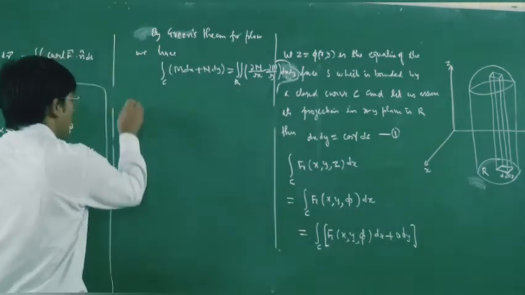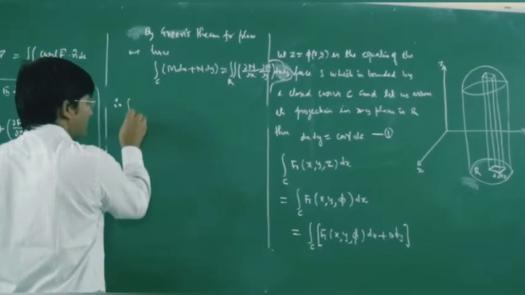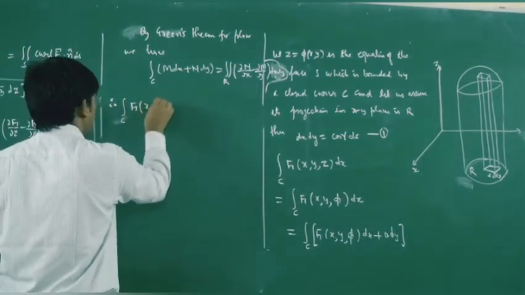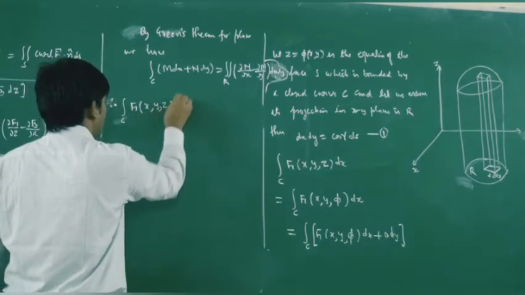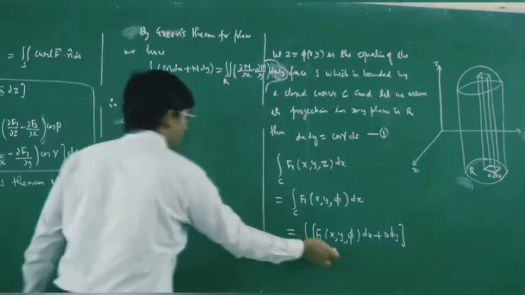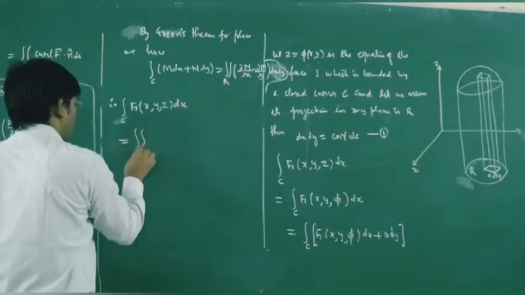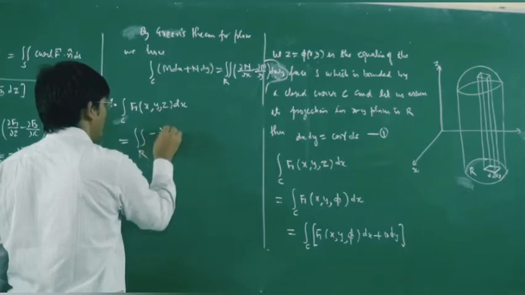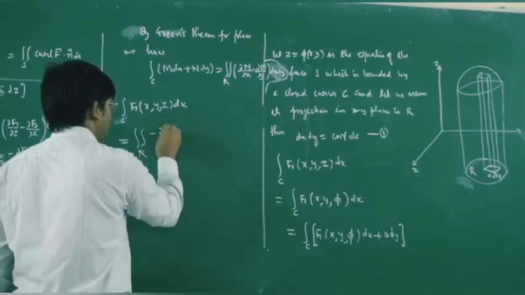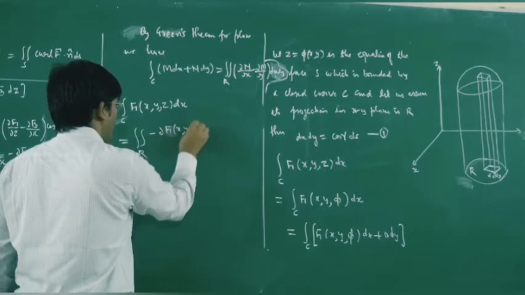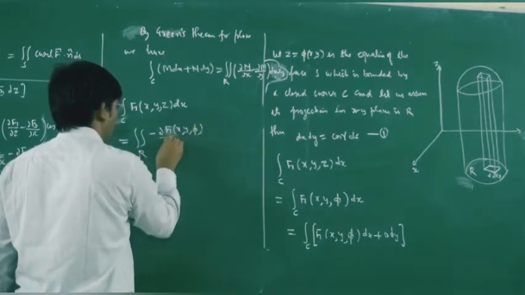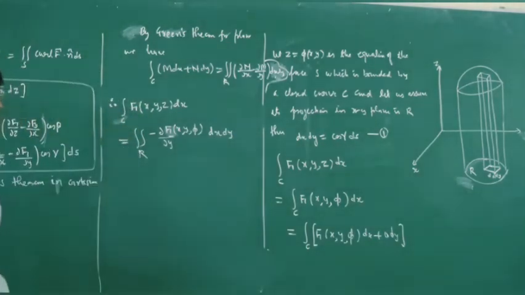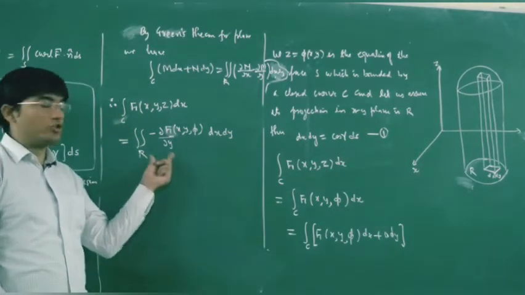So we have therefore your line integral over C of f1(x, y, z) dx is equal to the surface integral over the plane R of minus del f1(x, y, phi) upon del y, with differentiation with respect to x and y. So this is by Green's theorem.